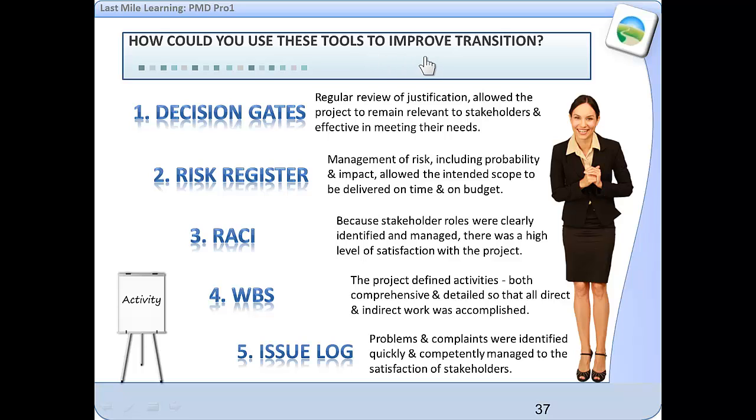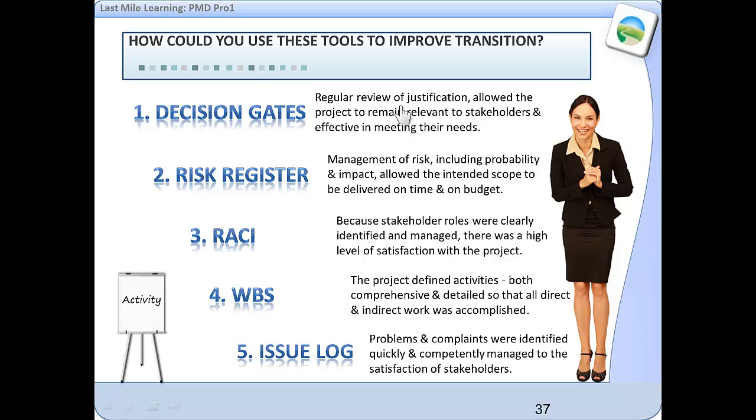And I've just listed on this slide several tools where transition can be integrated, or how the tools can actually help out in transition. So let's just start out with decision gates. You'll remember decision gates are those points where decisions are made, go, no go, decisions about whether the project should continue or whether it should be adjusted.